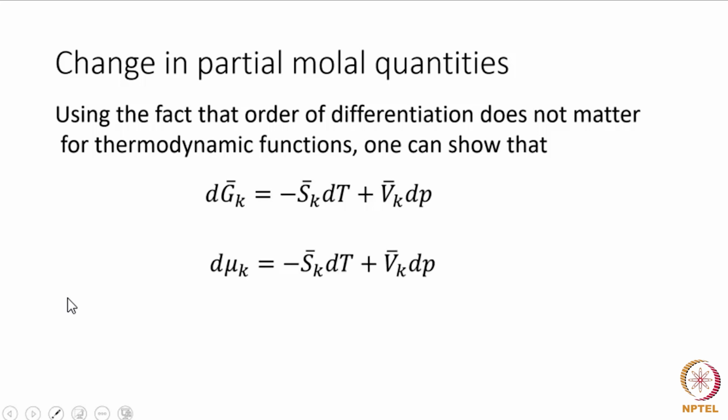And because we already noticed that the partial molar Gibbs energy is nothing but chemical potential, we can write d mu k is equal to minus S bar k dT plus V bar k dP. That is for the kth species or kth constituent that we are defining this quantity for.